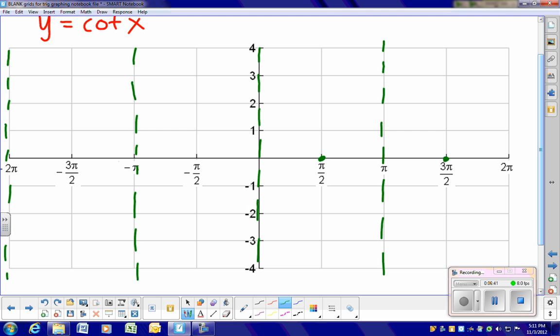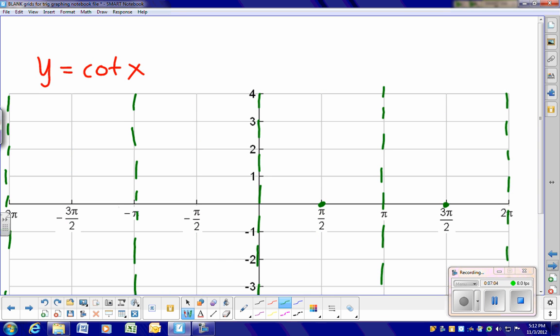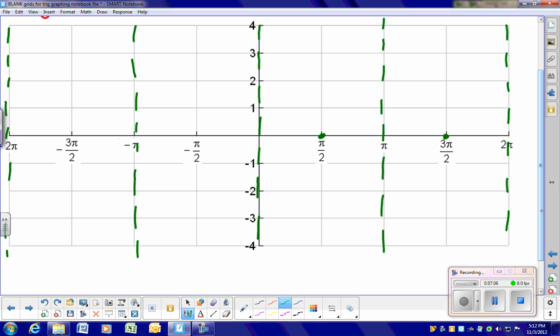Why would cotangent be undefined at these multiples of pi? Well, let's look back. Cotangent would be undefined at multiples of pi because that's these two locations, right here and right here. And I would have x over y. Ooh, x over y. I can't divide by 0. So that's why we have asymptotes in those two spots, or in all those spots. Okay, all those multiples of pi.